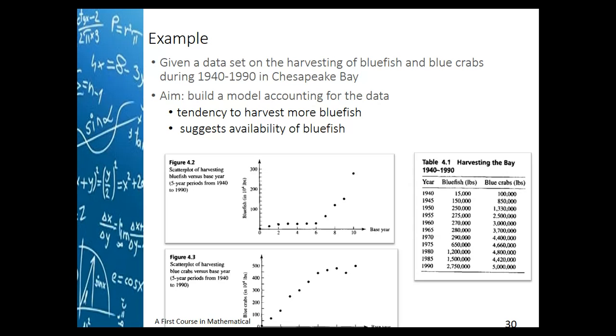From 1940 up until 1990, you can use the base year into 5, 10, 15 accordingly, according to the year that you consider. Once you put that into a data, make sure the data is comprehensible.